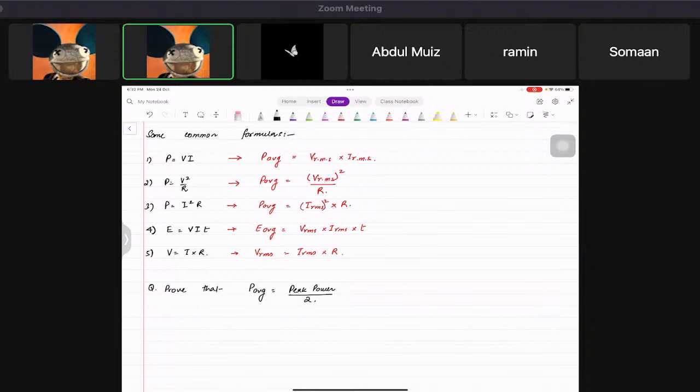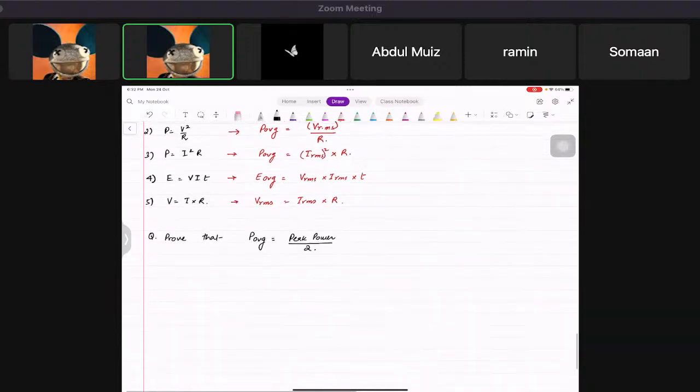Now using these formulas, we're going to prove this. It's not very hard. First of all, we need to know exactly what peak power is. Because power is voltage times current, the maximum voltage times the maximum current will give you the peak power.